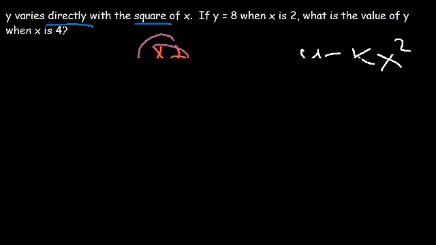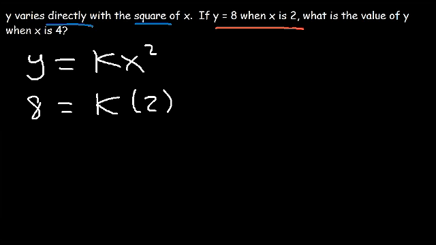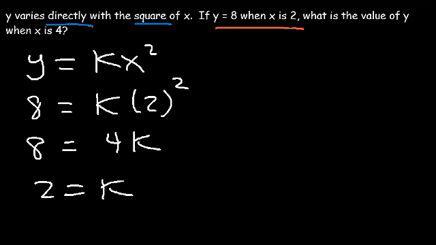But now let's calculate it algebraically. So let's start with the equation y equals kx squared, and let's solve for k. So y is 8, x is 2. 2 squared is 4, and 8 divided by 4 is 2. So k is equal to 2.